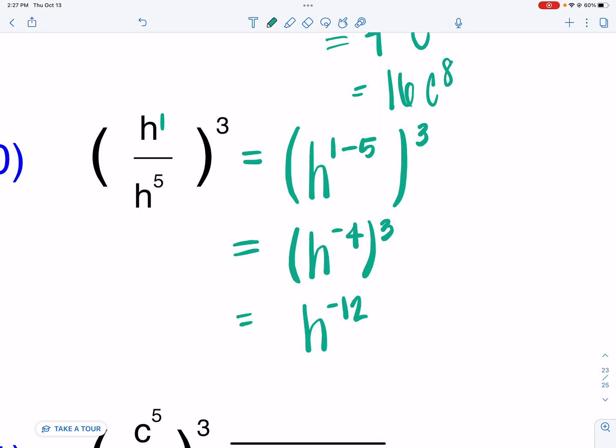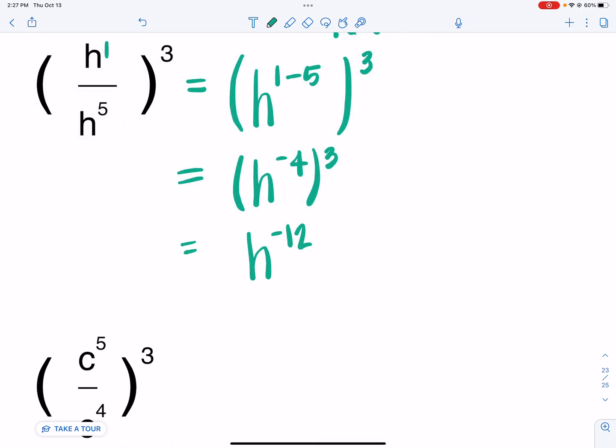But you guys learned that anytime you have a negative exponent, you have to rewrite it. We need positive exponents. So I'm going to sneak in a 1 so that I can make h to the negative 12th over 1. I have a fraction.